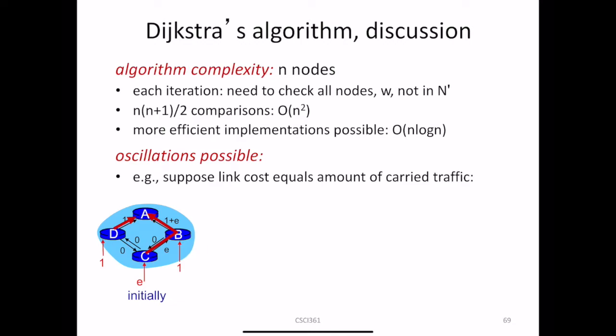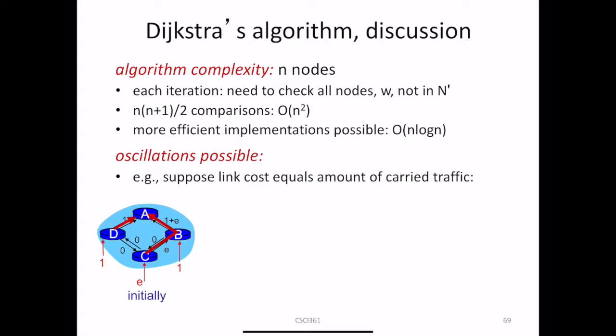Then let's do a brief discussion of Dijkstra's algorithm. First, let's see the complexity of this algorithm. Suppose we have n nodes, and in each iteration, it needs to check all nodes which are not in the N prime set.